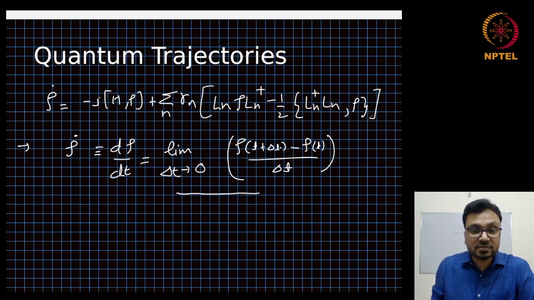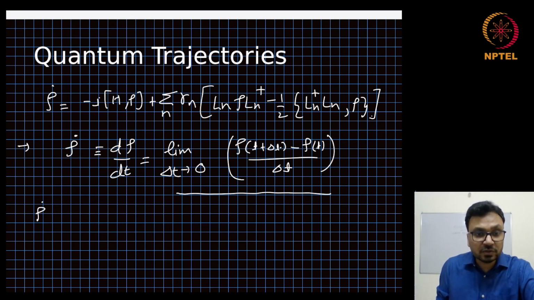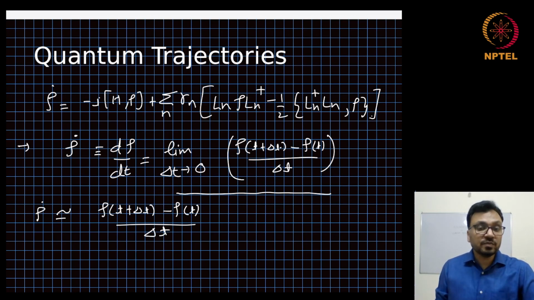But as an approximation, rho dot is approximately equal to (rho of t plus delta t minus rho of t) over delta t, if delta t is chosen small enough. That small enough will come with experience.